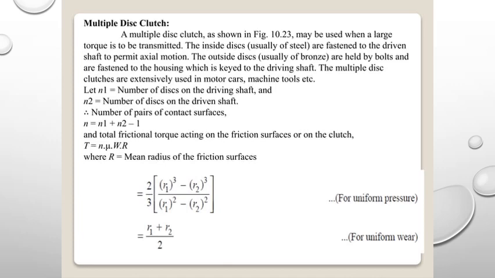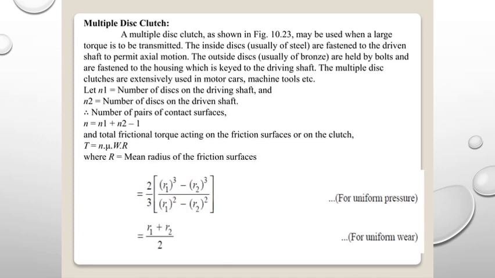The next one is multiple disc clutch. It is shown in the figure. When a large torque is to be transmitted, the discs inside are used. The outside discs are held by bolts and fastened by the housing key to the driving shaft. Multiple disc clutches are used in motor cars and machine tools.